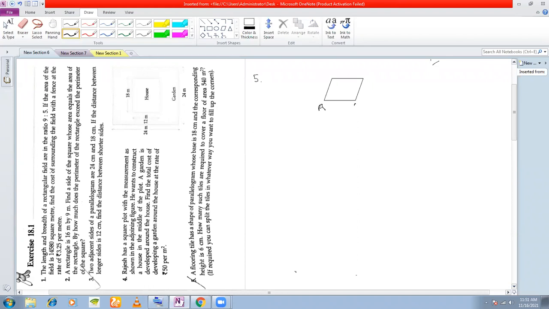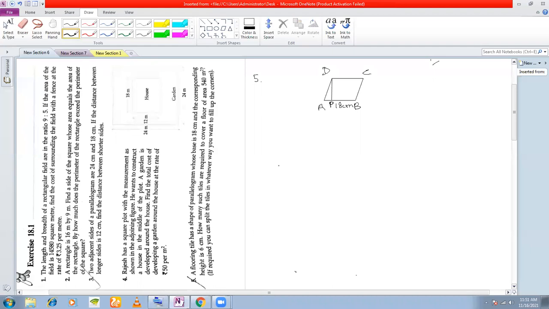I'm drawing a smaller parallelogram because this is a size of a tile. This tile has base 18 centimeters and the corresponding height is 6 centimeters. So height is given, and if you're considering AB as the base, then this becomes your height, right? Let's call this point P.